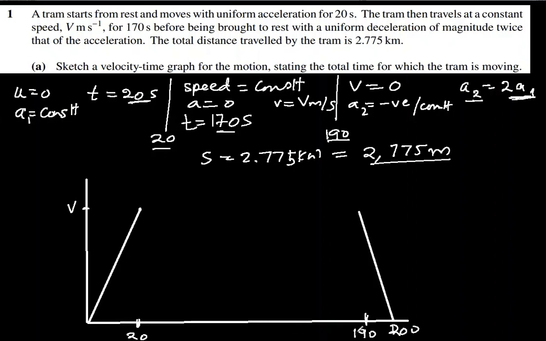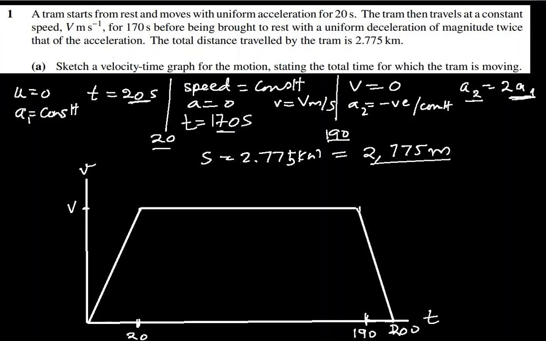It was 20 seconds, so 10 seconds for deceleration because deceleration is double. And we will connect them with a straight line. Please make this velocity time graph, this is a very repeated kind of question asked in exams. Do we need something else here? Nothing. All right, this is the v-t graph.